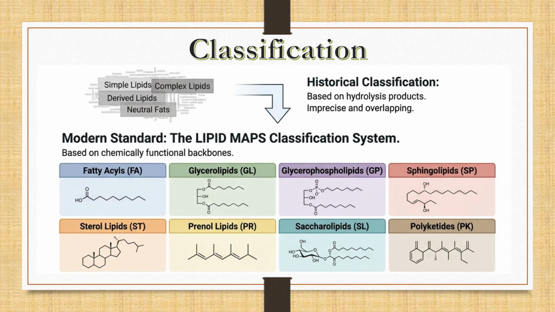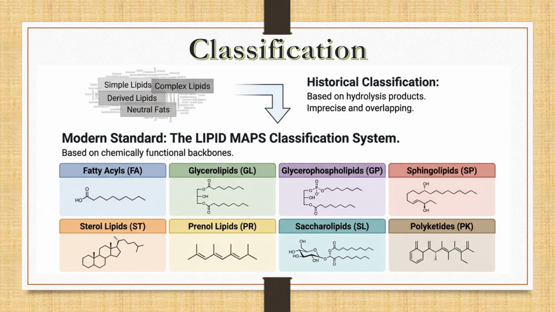They are simple lipids, which are esters of fatty acids with alcohols and yield only these components on hydrolysis. Examples include fats and oils and waxes. Their main functions are energy storage, protection, and waterproofing.